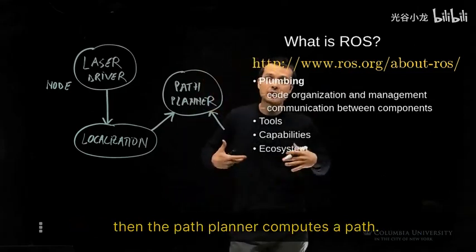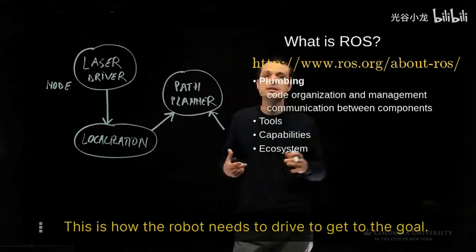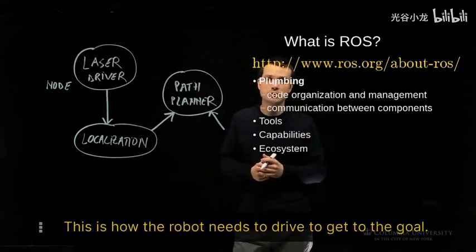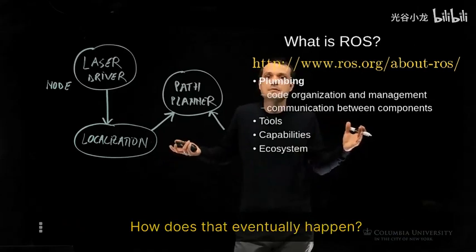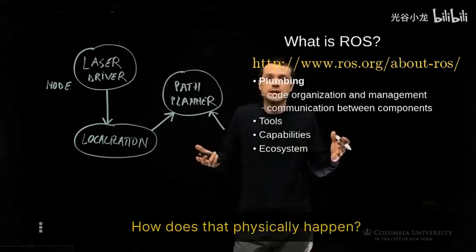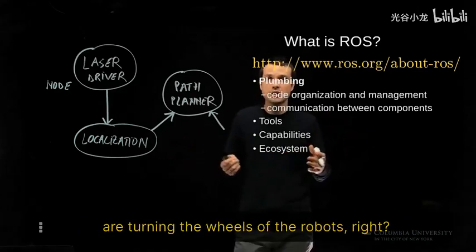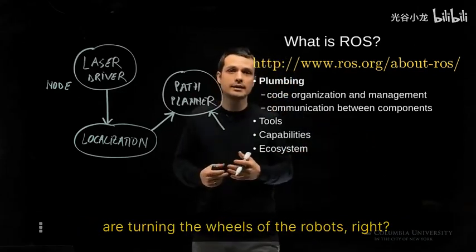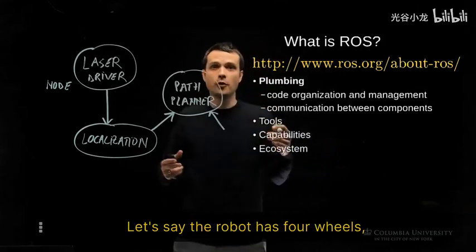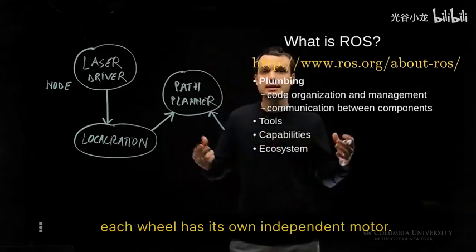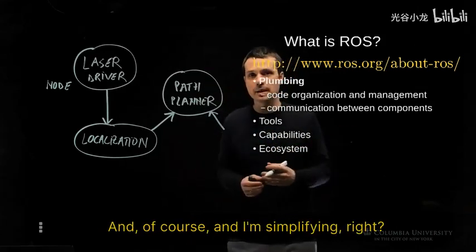Then the path planner computes a path. This is how the robot needs to drive to get to the goal. How does that eventually physically happen? Well, commands need to be sent to the motors that are turning the wheels of the robot, right? Let's say the robot has 4 wheels. Each wheel has its own independent motor, and of course I'm simplifying.